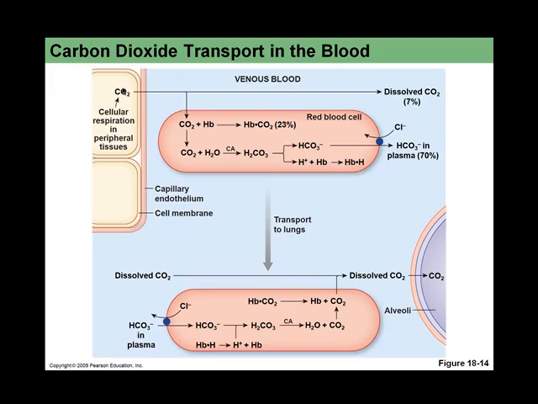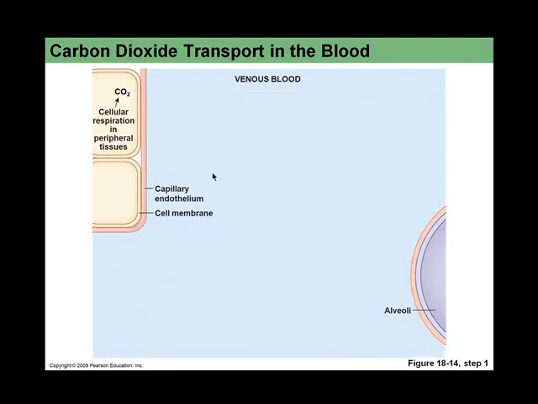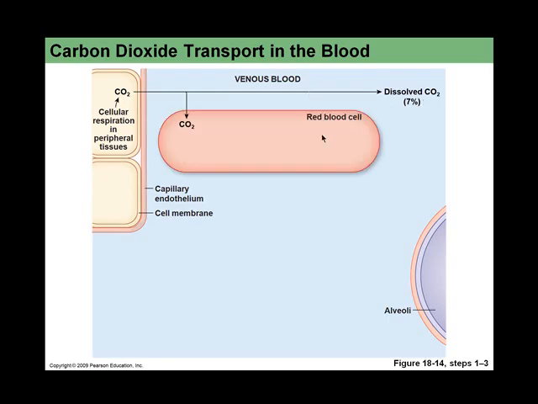So we're going to follow the carbon dioxide molecule now as we did the oxygen. So we're going in the reverse direction, remember, as I said, from the site of origin, from cellular respiration in the peripheral tissues, ultimately to get it blown off at the lung. So about 7% is dissolved.